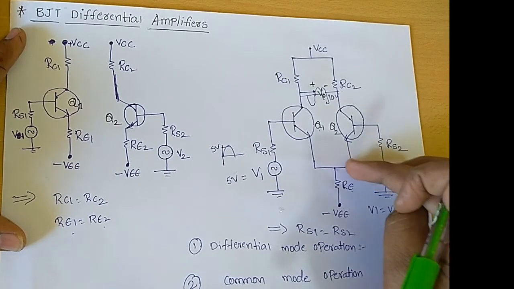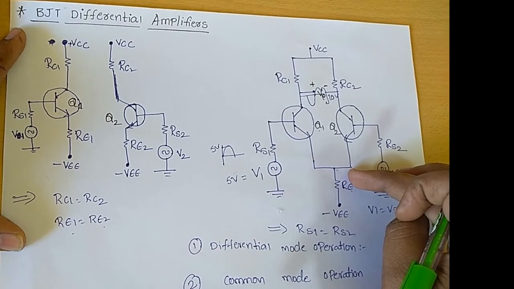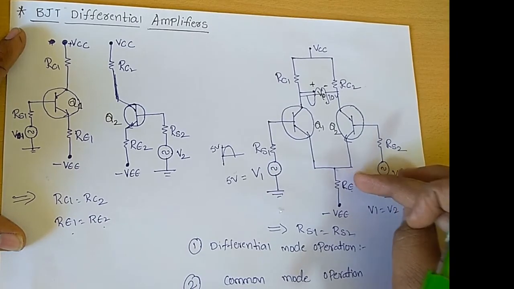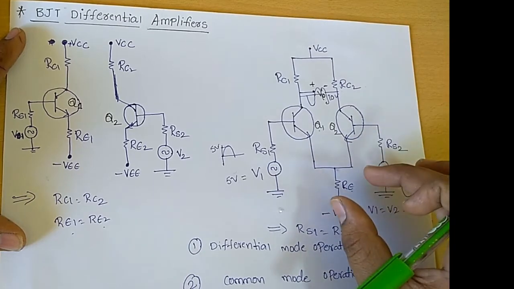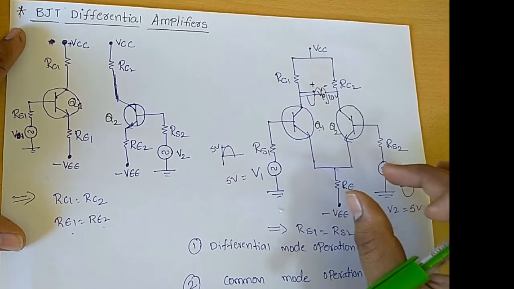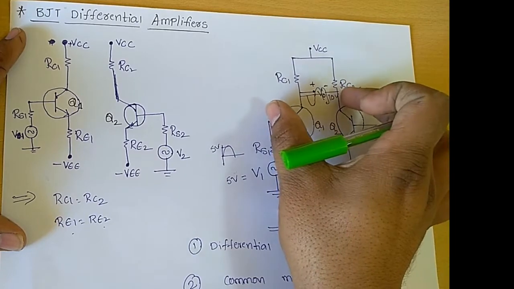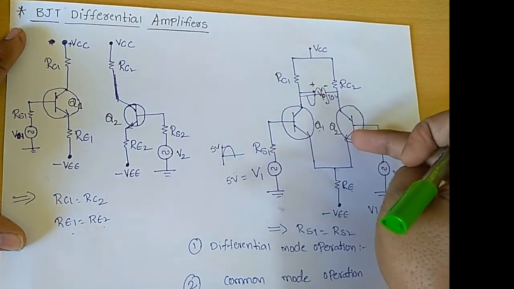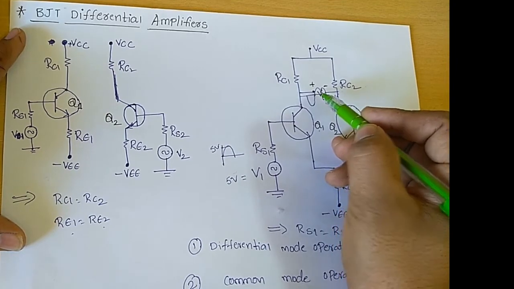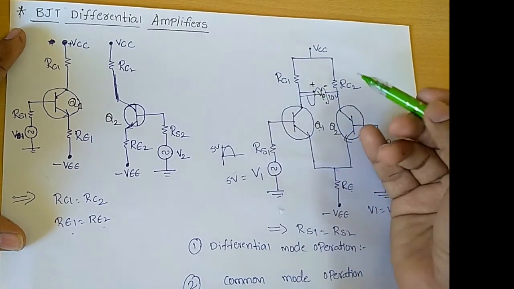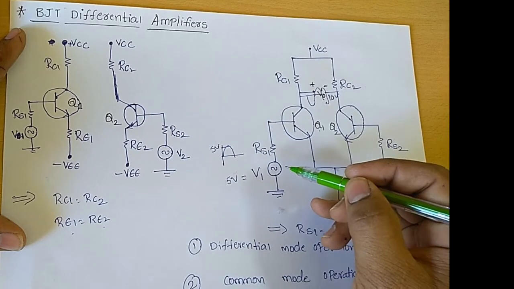With the help of this emitter resistance, we connect the negative supply voltage minus VEE. Clear? In this circuit, we collect the output at the collector terminals of the two transistors, Q1 and Q2. One more important point is the input voltage.